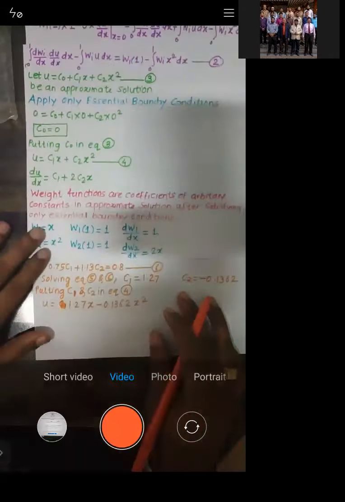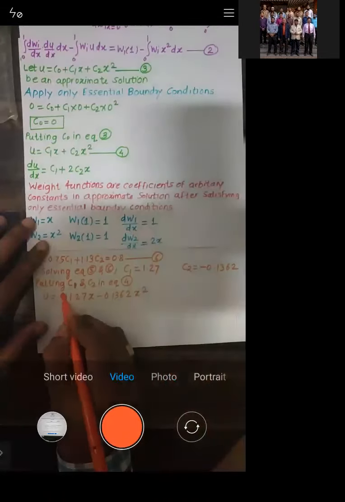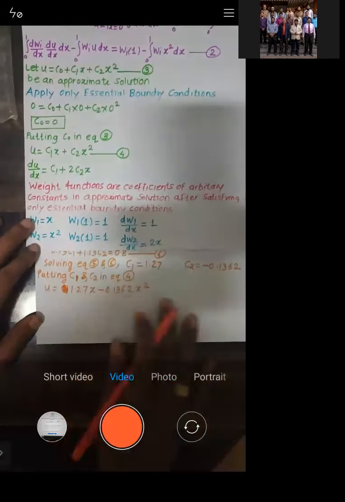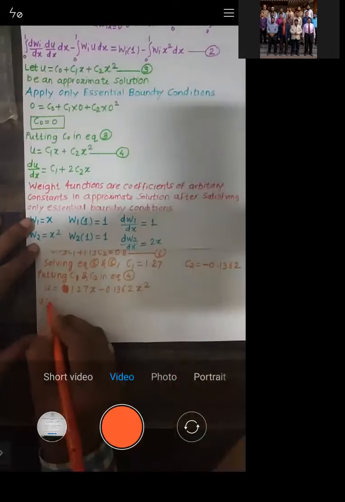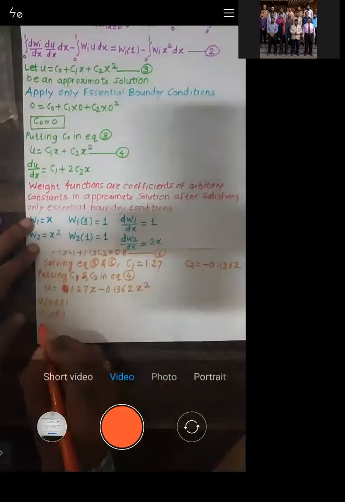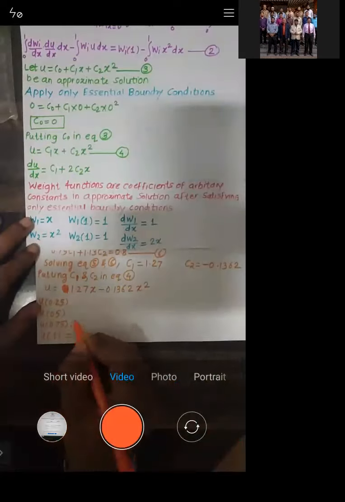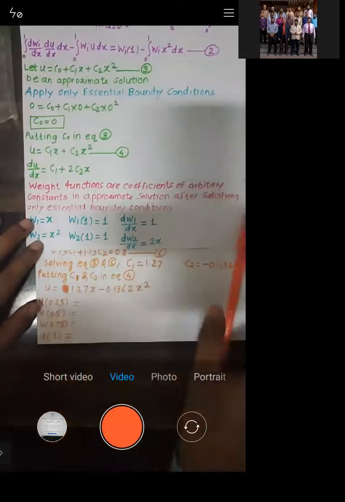Now what is the purpose of writing the equation for U? We are interested to calculate U at 0.25, U at 0.5, U at 0.75, and U when x is equal to 1.